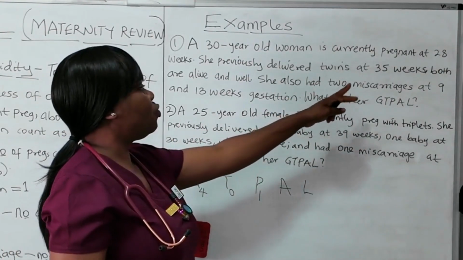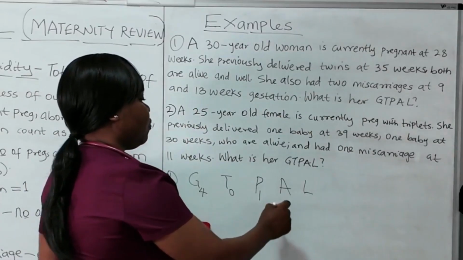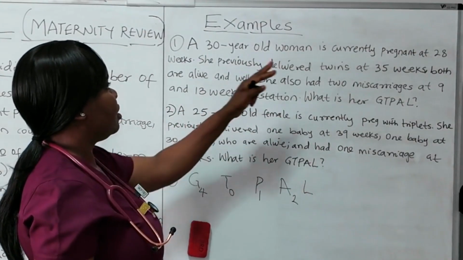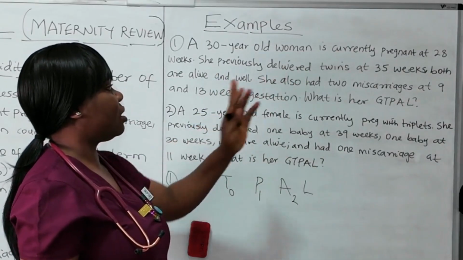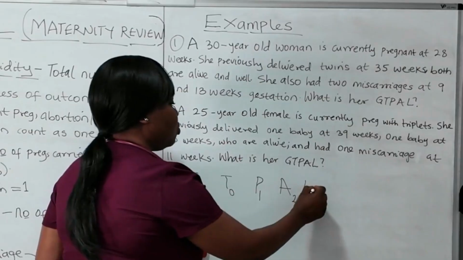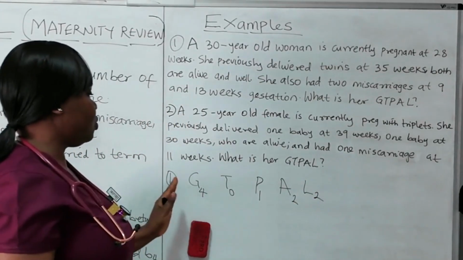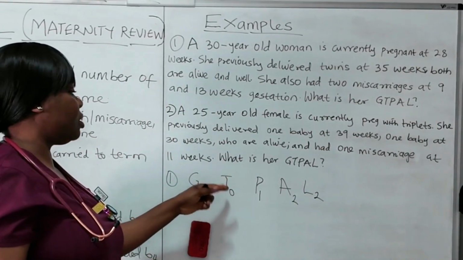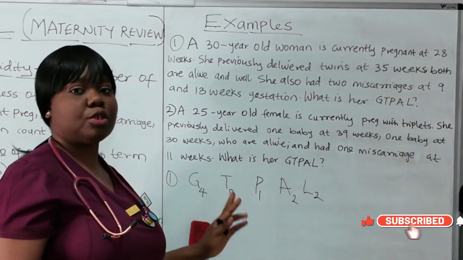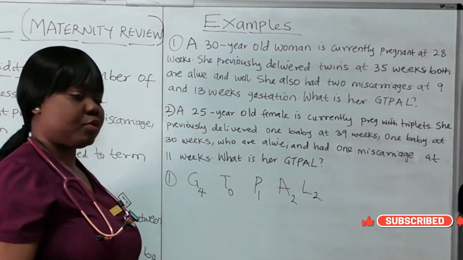Now, she also had 2 miscarriages at 9 and 13 weeks. So for the abortion, we are saying 2. Let's look at the living children. The first thing is that we know that she delivered twins at 35 weeks, and they said both are alive and well. So the living children is 2. So the overall is, the G is 4, the term is 0, the preterm is 1, abortion 2, the living children 2. Now let's look at example 2.